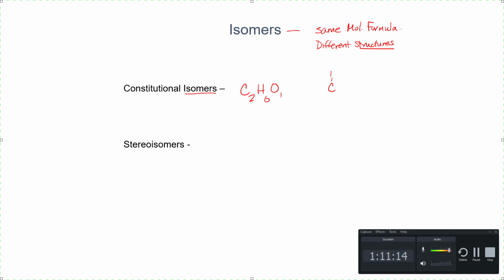Well, I could have the 2 carbons together, and I could add the oxygen and hydrogens this way to make ethyl alcohol, ethanol, or I could construct those atoms like this to form what's called methyl ether. And these are two totally different molecules. Ethanol is a liquid at room temperature.